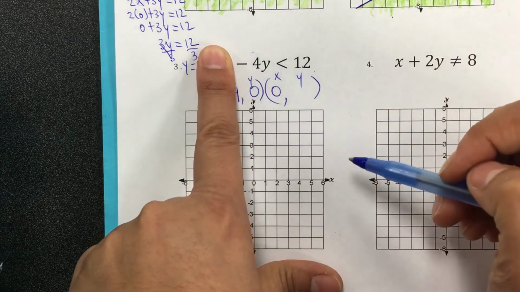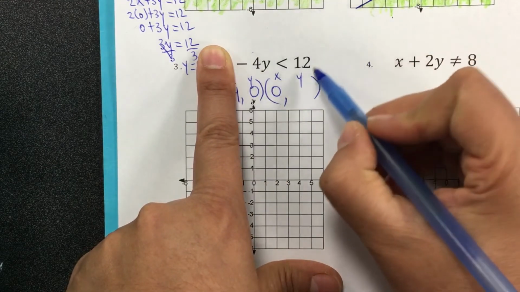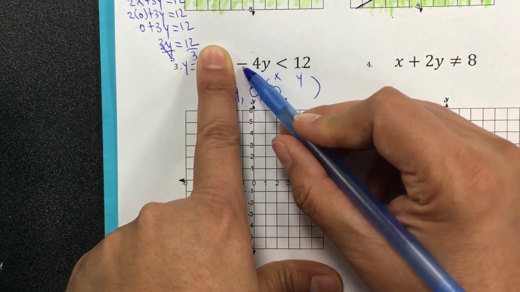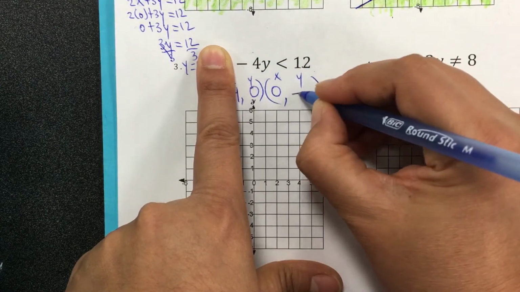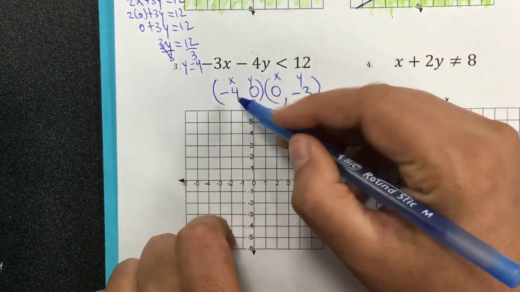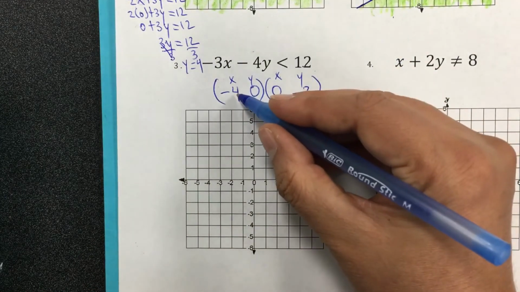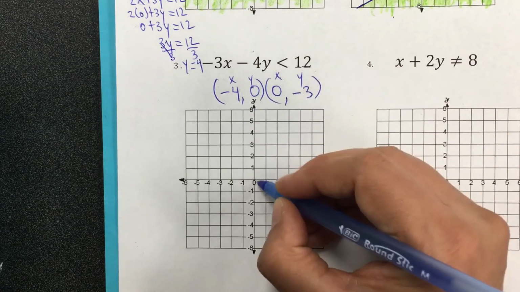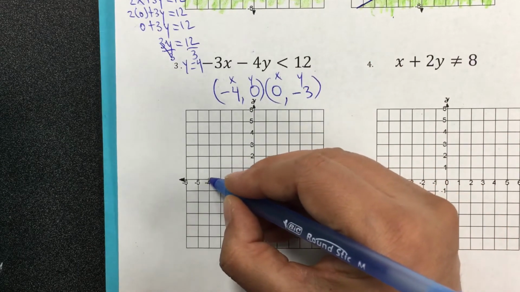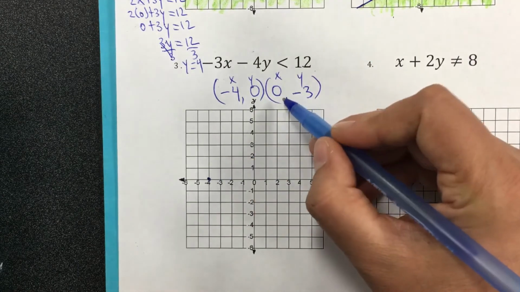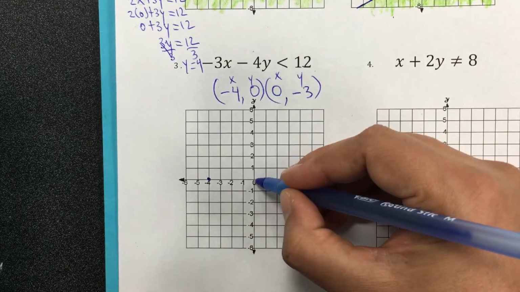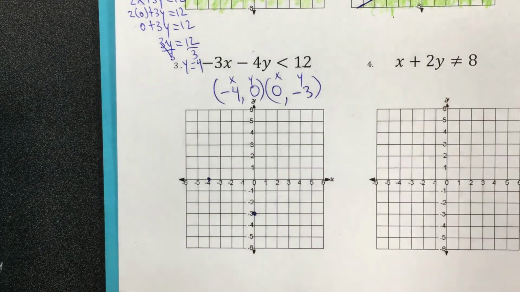I cover the value or term of x. And 12 divided by negative 4 is negative 3. Now I have the x and y-intercept. And so in here I have negative 4, 0. Negative 4, 0 is right here. 0, negative 3 is right here.